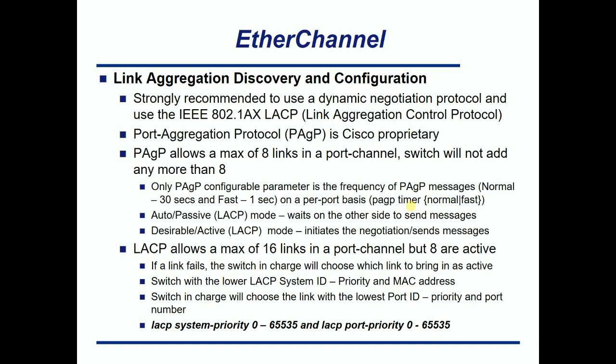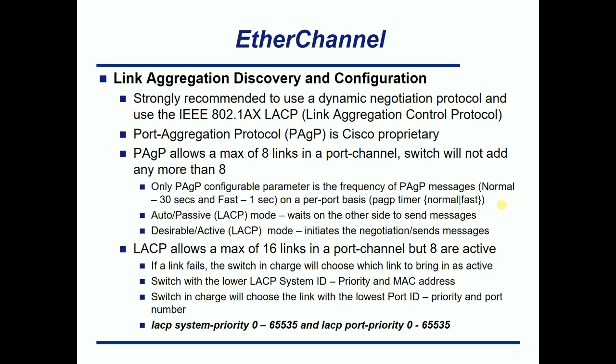The only configurable PAgP parameter that you can have is the frequency of the PAgP messages. So normal mode, I'm going to send a PAgP message down the link every 30 seconds. I can put it in fast mode where I will send a PAgP message down the physical port every 1 second. And then that's the config right there: PAgP timer, normal or fast.